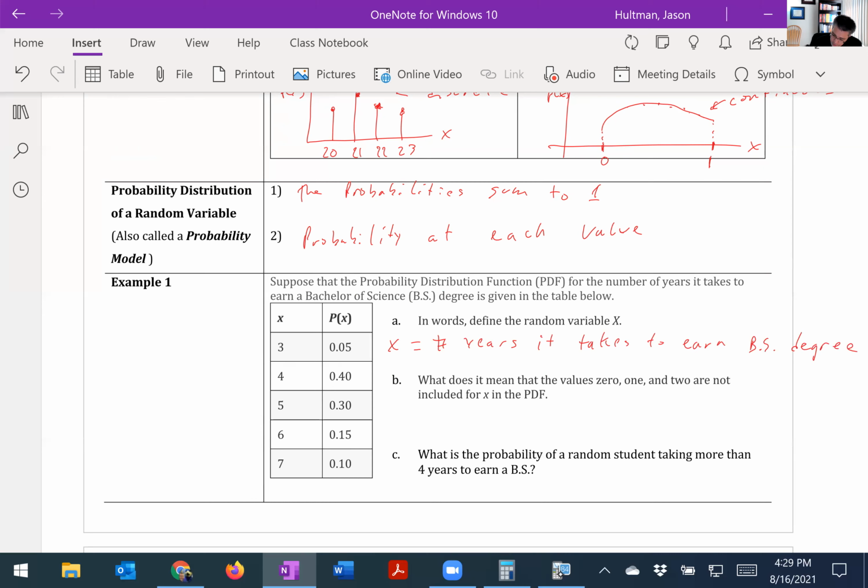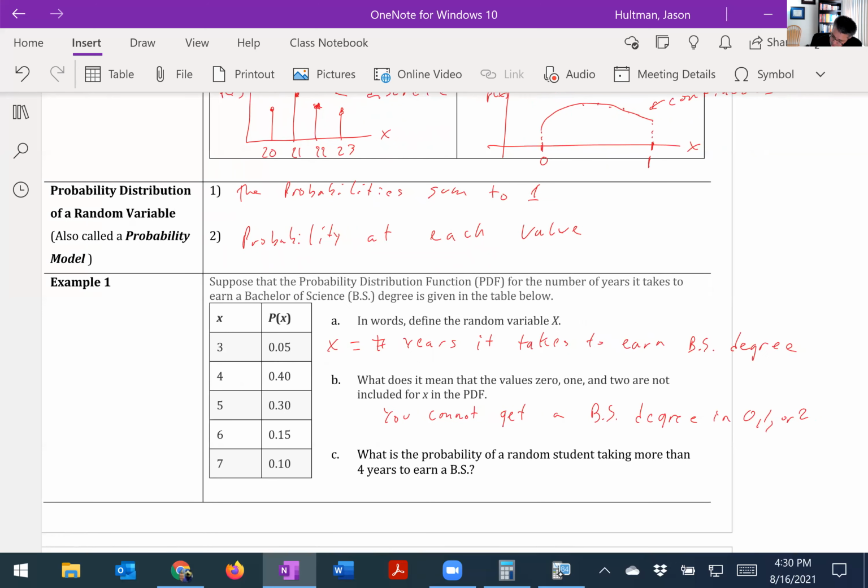What does it mean that the values 0, 1, 2 are not included in X? It means that in this case, you cannot get a Bachelor of Science degree in 0, 1, or 2 years.